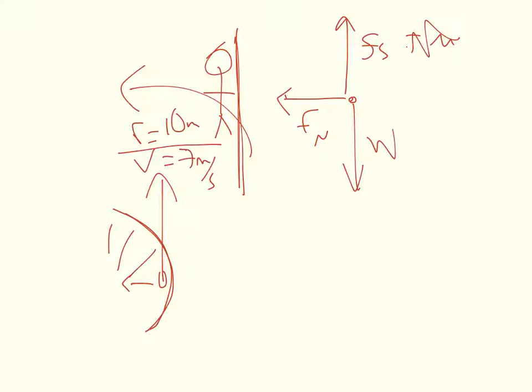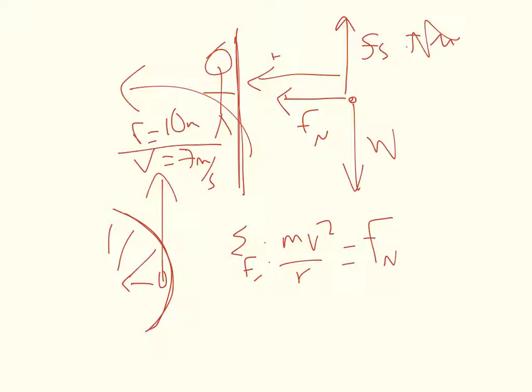Okay, and so in this case, you're in rotation, so the sum of the forces in the direction of the radius have to be equal to mv squared over r. And in this case, the only force acting in the direction of the radius is the normal force. We'll say it's positive because inward is positive.